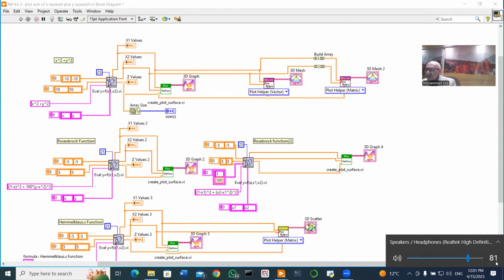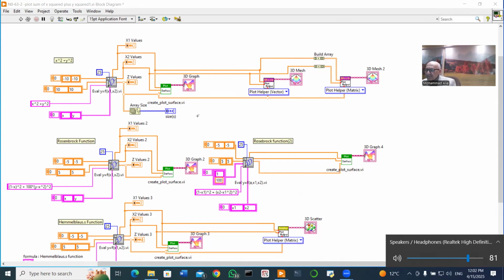But what we did in the previous lecture was always by using the LabVIEW VI, which is Mesh Grid 2D VI. This is the analog to the NumPy np.meshgrid function.